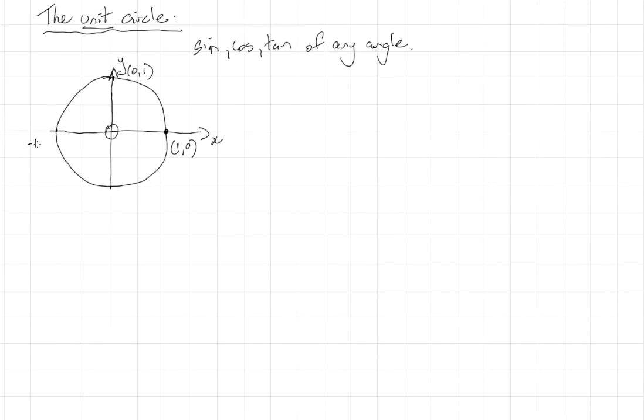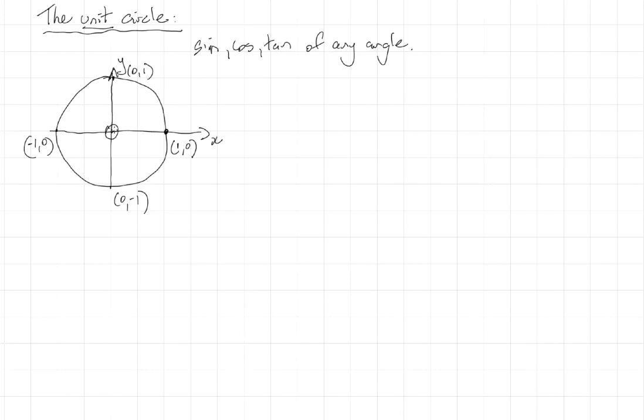This would be minus 1 or negative 1, 0. And this one here, the x coordinate is 0, but the y, this is the negative y direction, is negative 1. So that's our unit circle, and that's something that you should be able to replicate, to be able to do it in your sleep if need be.